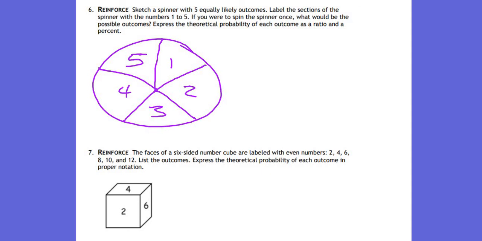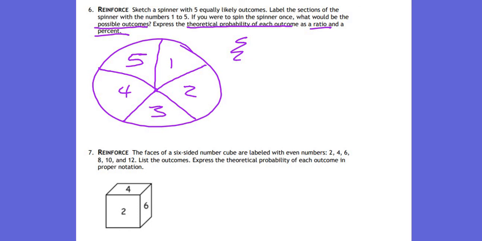Then it says if you were to spin the spinner once, what would be the possible outcomes? So that's one question I have to answer. Express the theoretical probability of each outcome as a ratio and a percent. Okay. So possible outcomes are listed in face brackets.